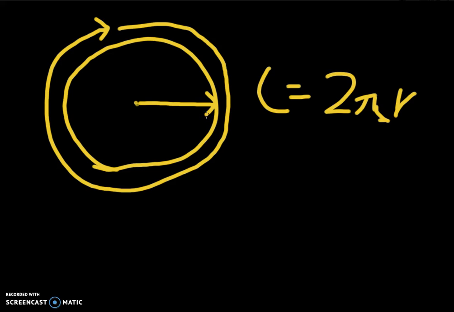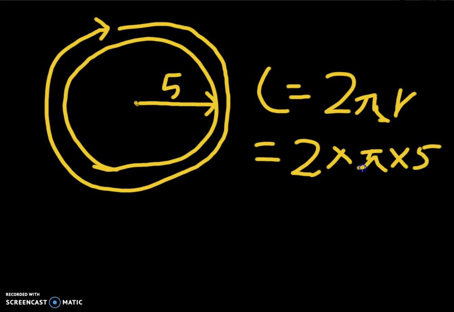In the exam question they will give you the radius, but in this question let's just assume it's 5 cm. That's the easiest. Now we have to calculate 2 times pi times 5, substituting r with 5.